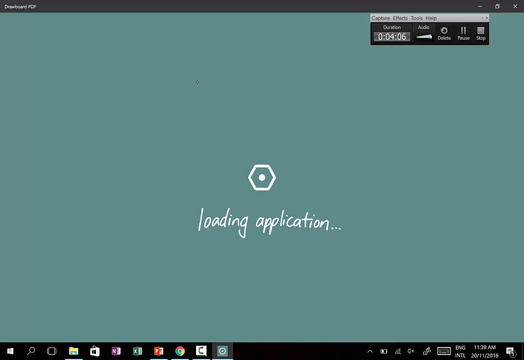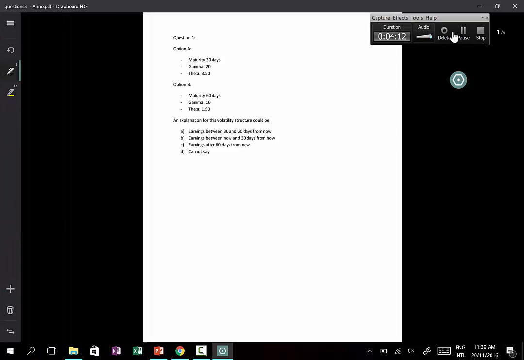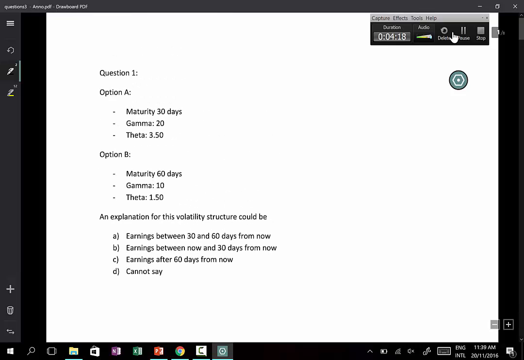I'm going to open that up, and now this question is asking, so there are two options here, and they relate to the same stock, and one of them is longer than the other by 30 days, and then the short-term option actually has a higher gamma.